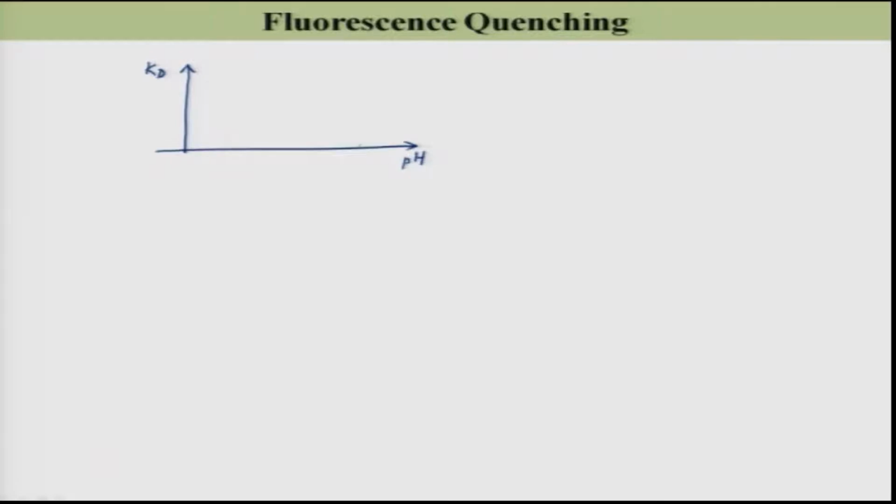At neutral pH, let us say here is my 7, the value of Kd you have observed from your experiment is really low. And at a little higher pH, 7.4, 7.6, 7.8, this value is like this. As you increase the pH, probably you have seen such data, and the trend is like this.